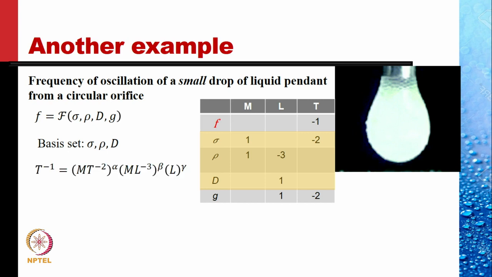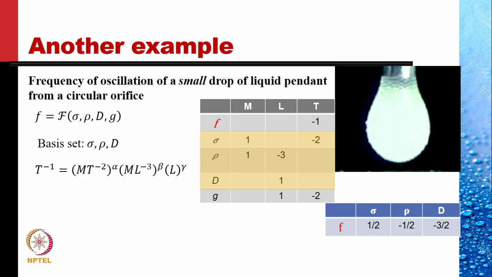For example, frequency f is a dimension of t raised to minus 1. Sigma, which is m t minus 2 raised to power alpha. Rho, which is m l minus 3 raised to power beta. And d, which is l length raised to power gamma.